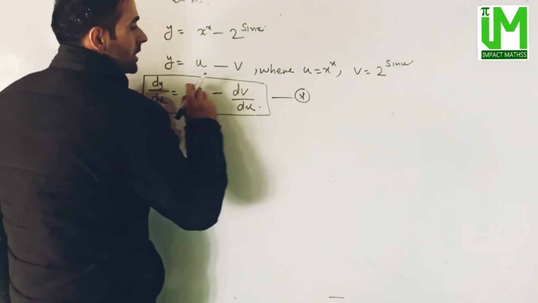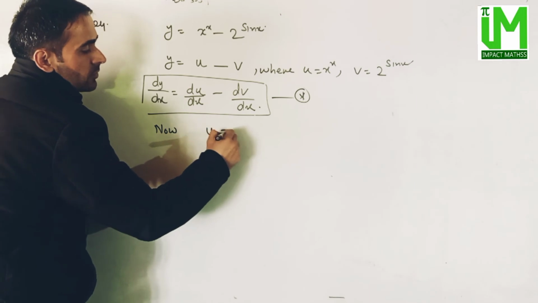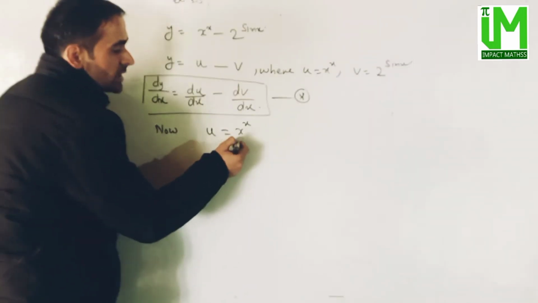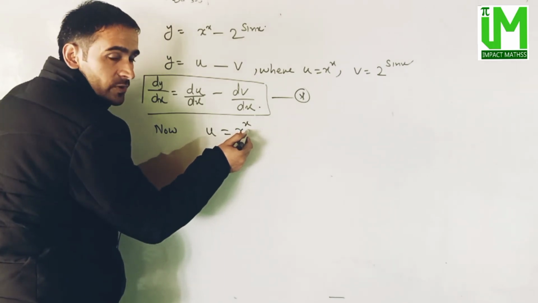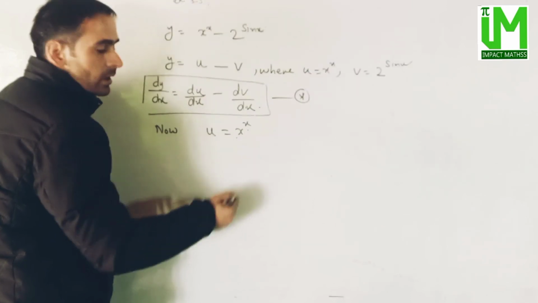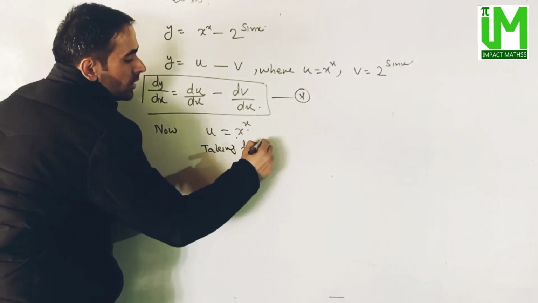So first we have to find du by dx. Now we can write u is equal to x raised to power x. This is a variable raised to power variable, hence we use logarithmic differentiation. That means we will be taking log on both sides.